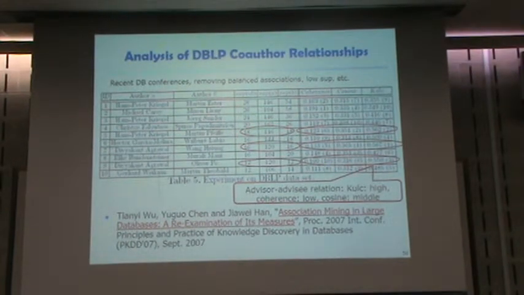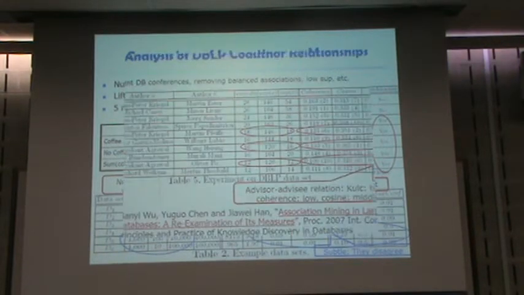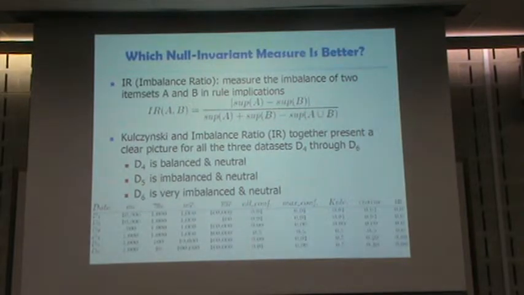One is the Kulczynski, the coherence and cosine, and the last one is the IR, the imbalance ratio.